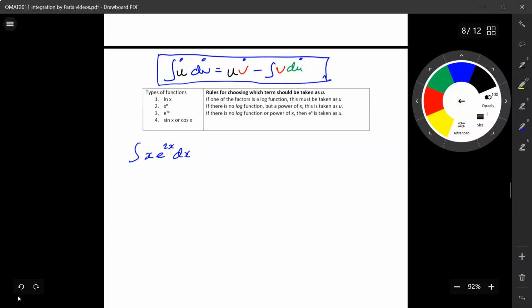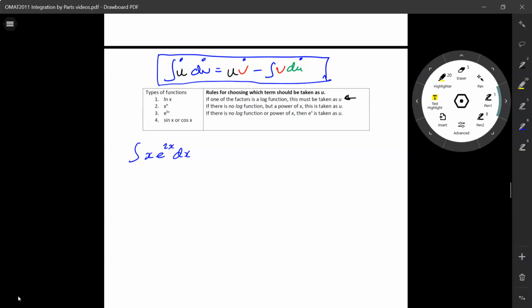So we follow our rules. We go to the first rule. If one of the factors is a log of x, this must be taken as u. Well, there's no log of x here, so we move to our second rule. If there's no log function but a power of x, this is taken as u. So we have u is equal to x, and that leaves dv as everything else in the term, which is exponential 2x dx.